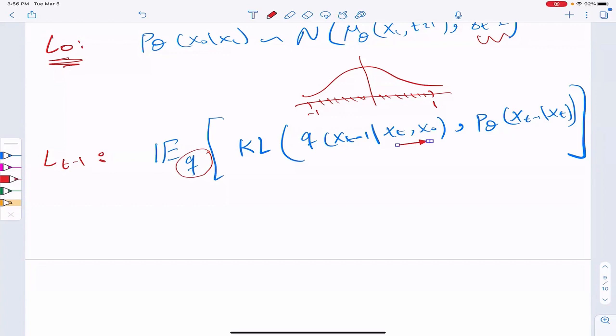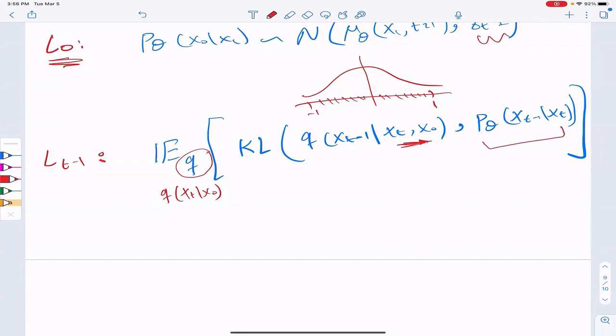If your x0 is fixed, suppose I'm doing it for one sample, then there's no randomness there. And then xt. So if my x0 is fixed, and I'm going to take the average over all examples, this q will be nothing but q of xt given x0. When I'm writing q, I'm not carrying this notation, but I want to make sure that you understand what q means.